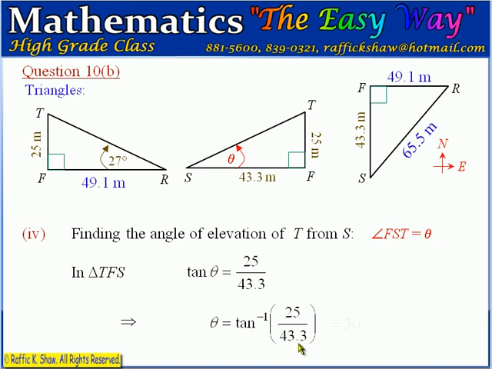And when we do this calculation, our angle comes out to be 30 degrees. And so the angle of elevation of T from S is 30 degrees. And so that's the answer for part 4 of question 10b. And that's the answer for question 10. And we'll do question 11, our last question, in our next video. See you then.